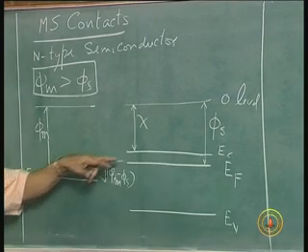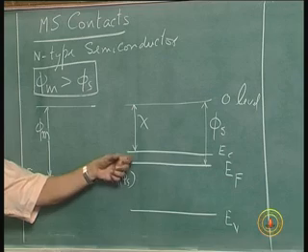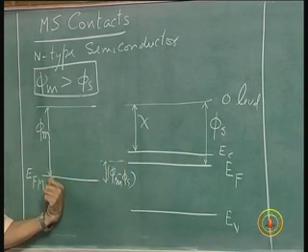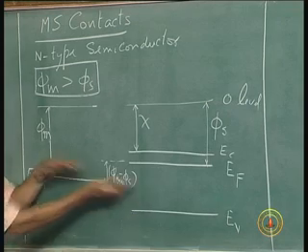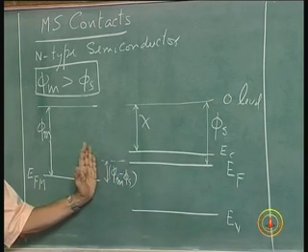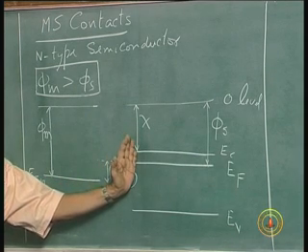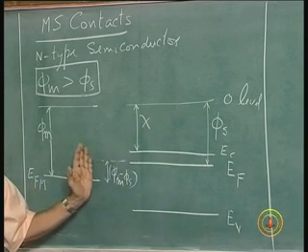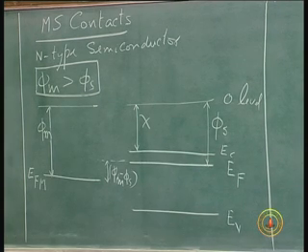So, once you join them together, the electrons from the semiconductor will get transported onto the metal till these are equalized. When that happens, you have negative charge built up on the metal, leaving positive charge behind in the semiconductor. When you have negative charge in the metal, there will not be any space charge layer, because what you are dumping into the metal is very small compared to the electrons you have in the metal.